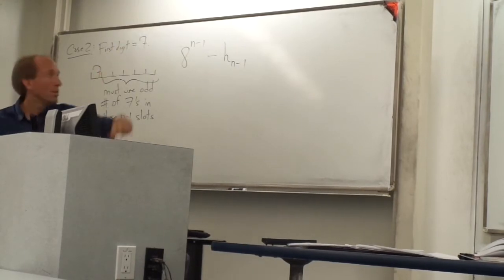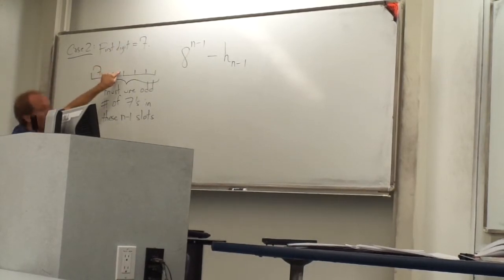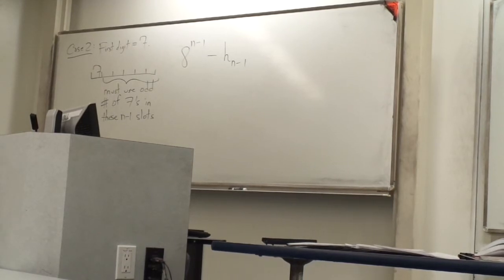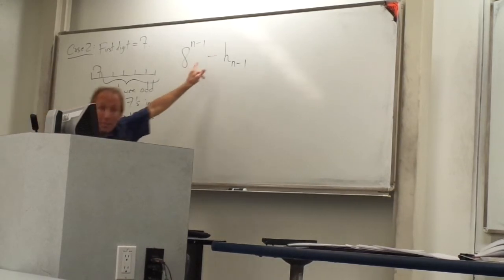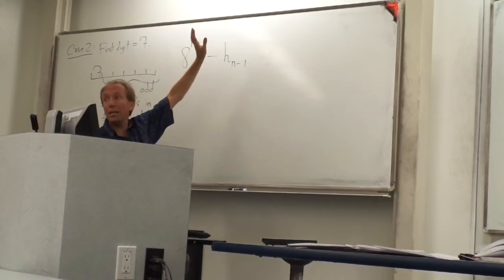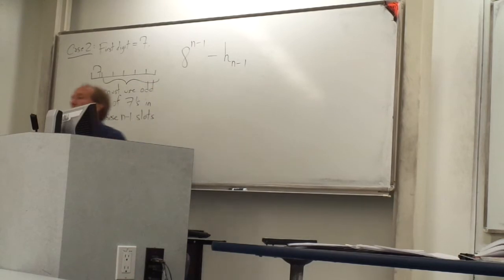So 8 choices, 8 choices, 8 choices. What Peter did is he figured out the total number of ways to write down a string of length n minus 1, and it's 8 to the n minus 1. And then he took out the strings that have an even number of 7s. That leaves you with the number of strings with an odd number of 7s, right?